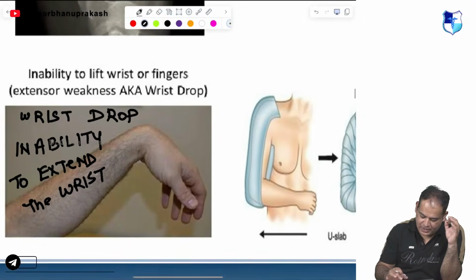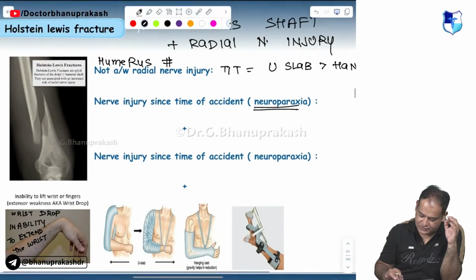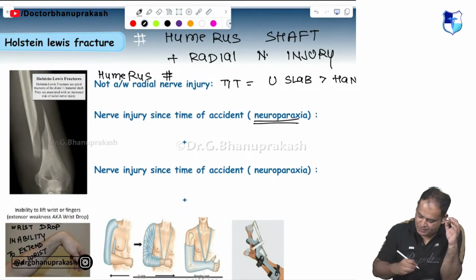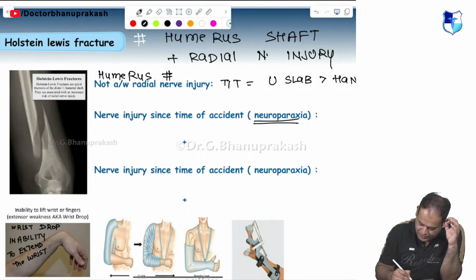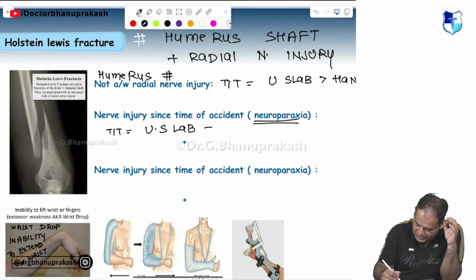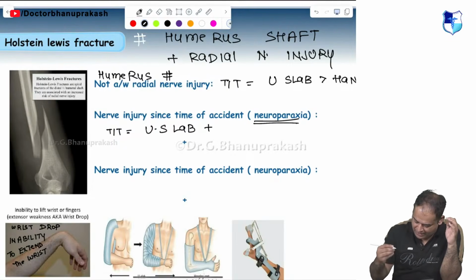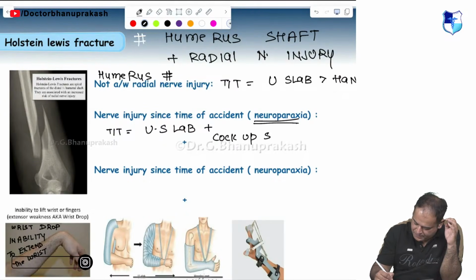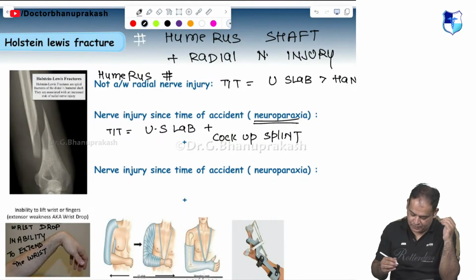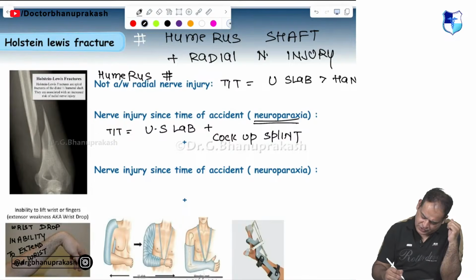Nerve injury since the time of accident will be neuropraxia. Now the treatment is U-slab plus cock-up splint, right?